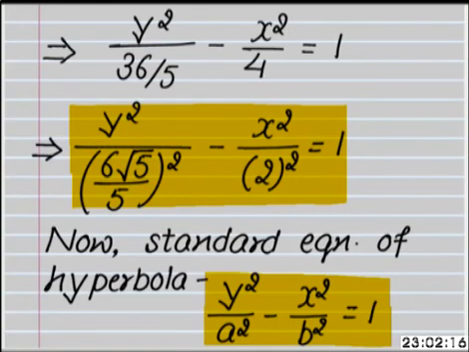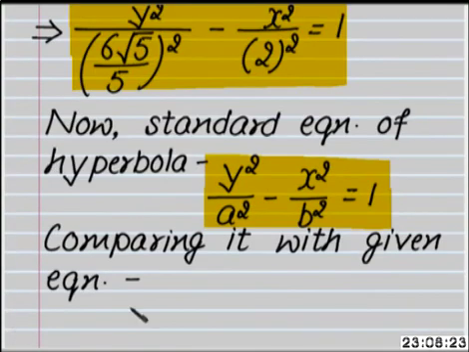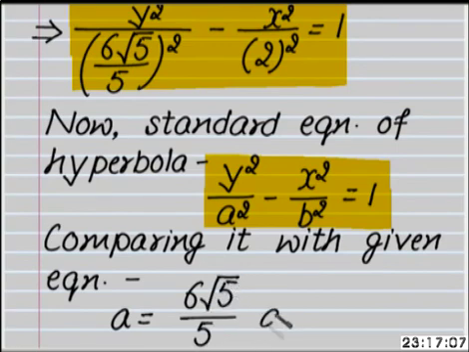Comparing the standard equation with the given equation, we get a is equal to 6 into √5 upon 5 and b is equal to 2.